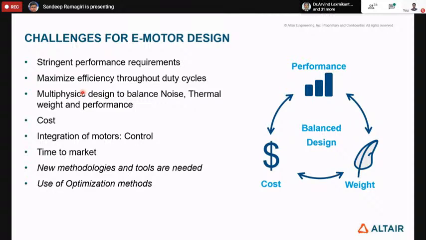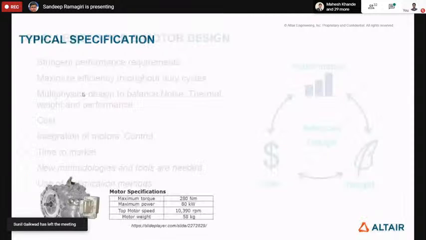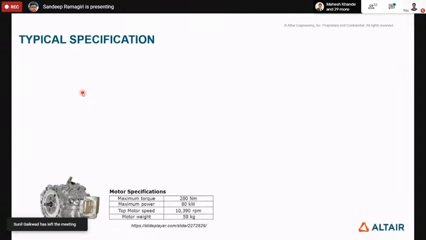Keeping all these challenges in mind, and needing to bring the product quickly into the market, what I propose is that we need new methodologies and tools to quickly, virtually simulate these constraints, and also optimization methods to address the multi-physics problems of electrical rotating machines. So those were the challenges at the global level.